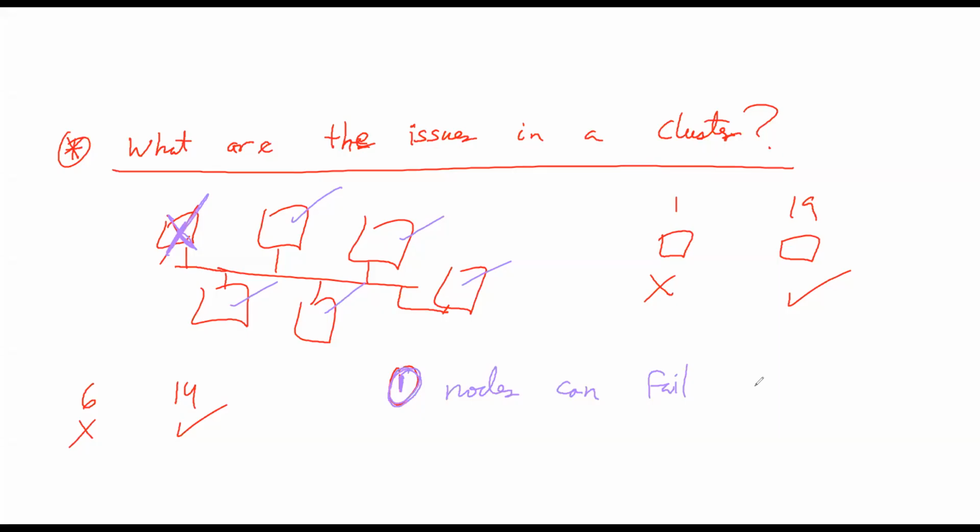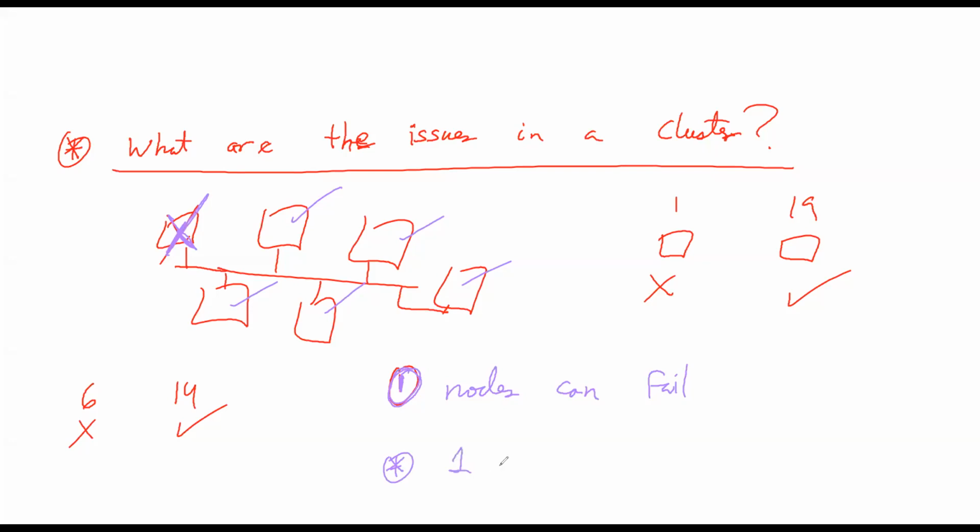somehow. So for instance, there's a statistic out there that says that out of 1,000 servers, you're going to have about 1 failure per day, right? That's the statistic.